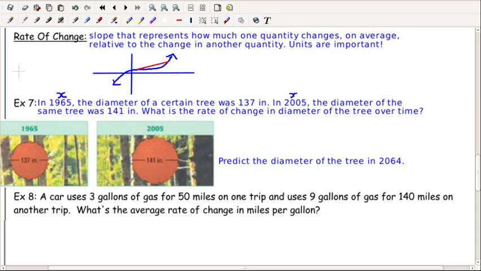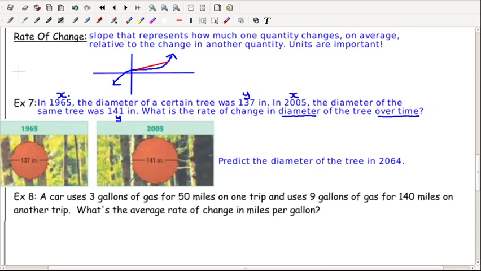So these are both going to be x values. And our diameter is going to be our y value. The reason we know that is because it's diameter of the tree over time. Over time suggests time is on the bottom, time is our denominator. So time is going to be our x, which usually goes on the bottom.